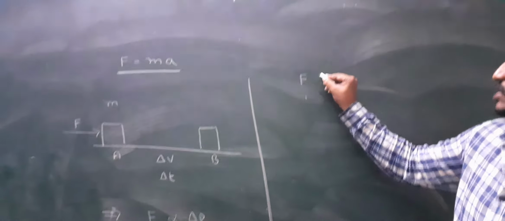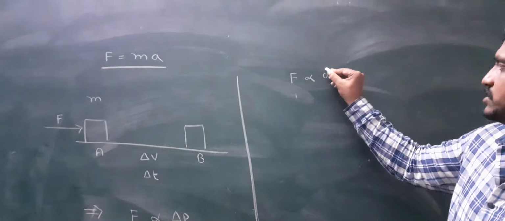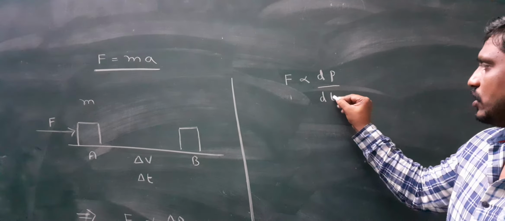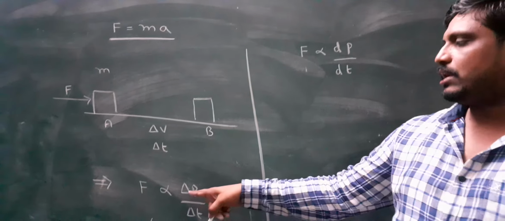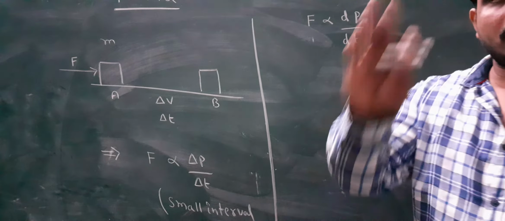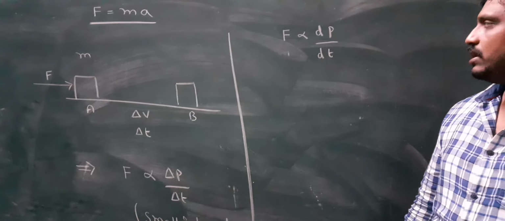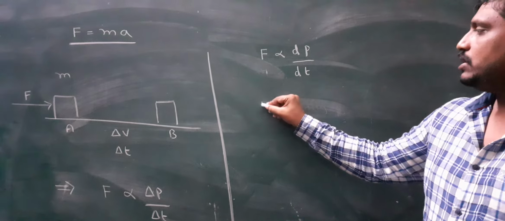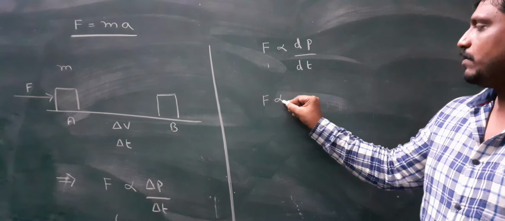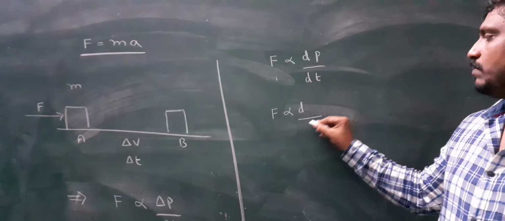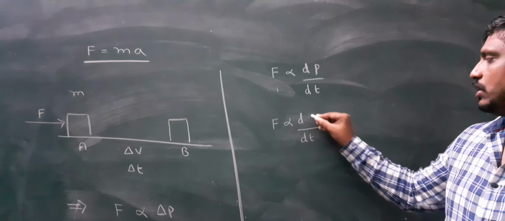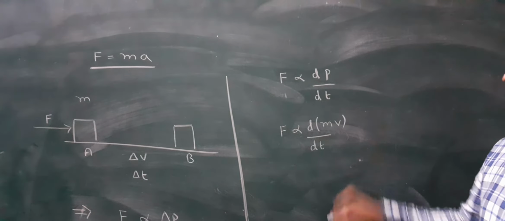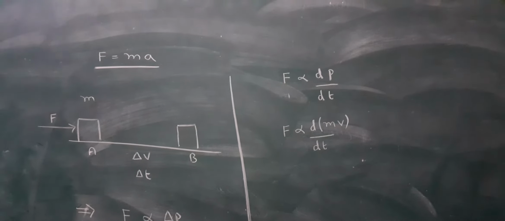In this situation, delta is replaced by d: dP by dt. Once again I repeat: delta indicates a large interval of time, d indicates a small interval of time. Here, F is directly proportional to dP by dt, and linear momentum is defined as the product of mass and velocity.